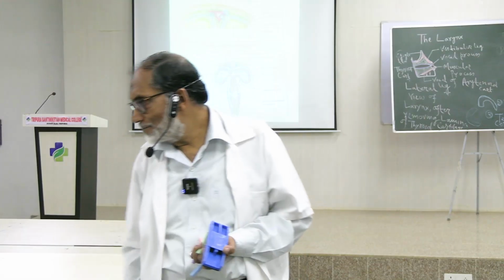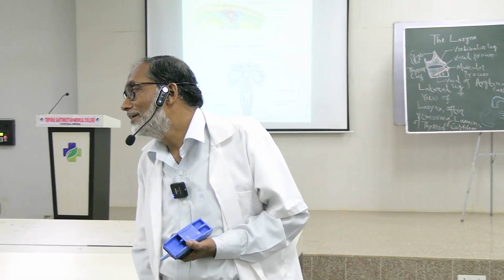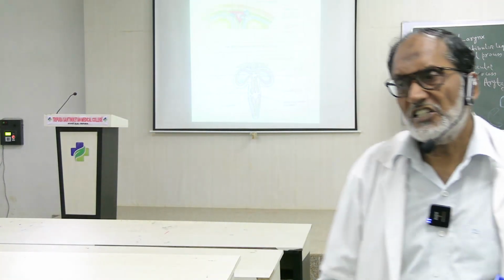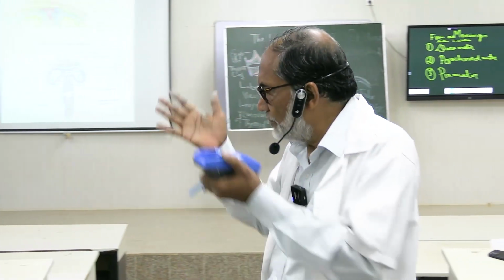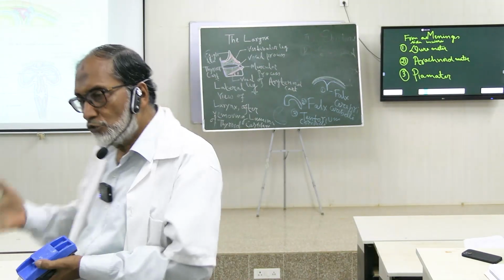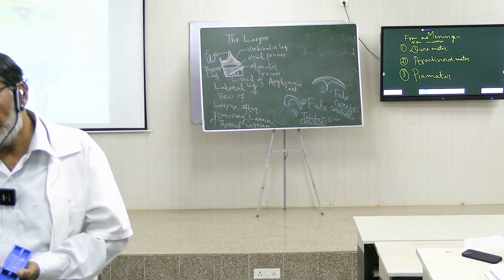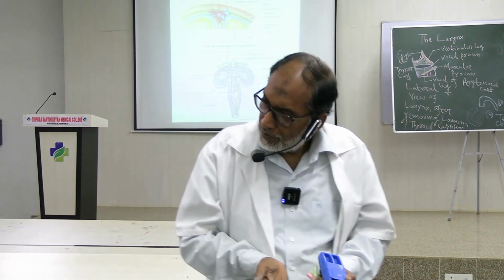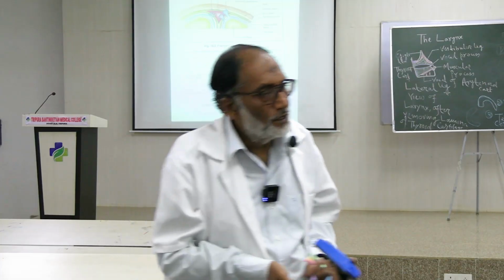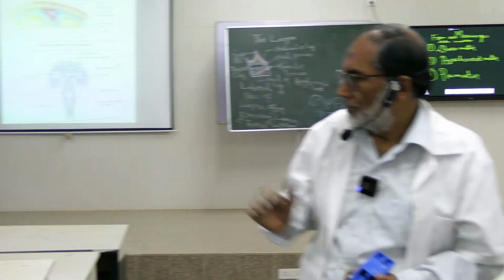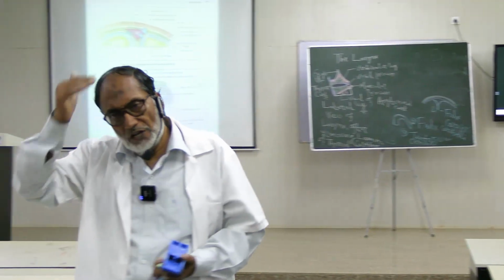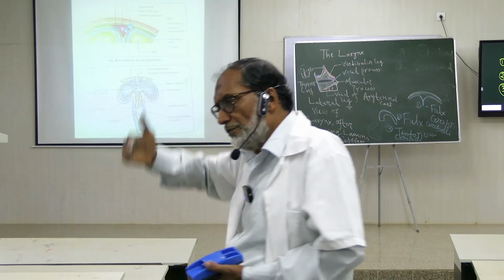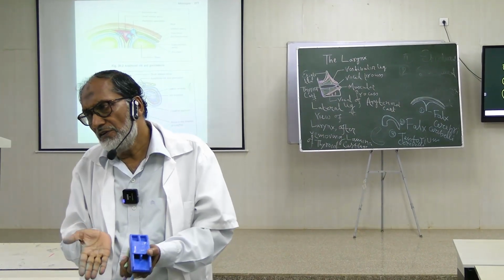And the covering? The subarachnoid space extends up to the second sacral vertebra. So up to this level, the dura mater, pia mater and arachnoid mater are all present there.